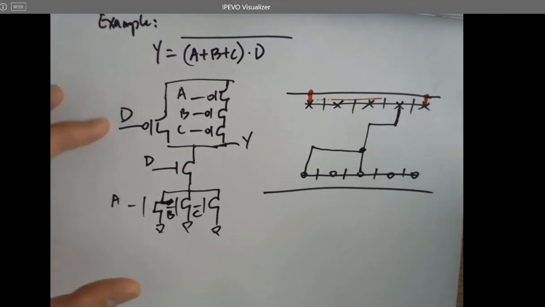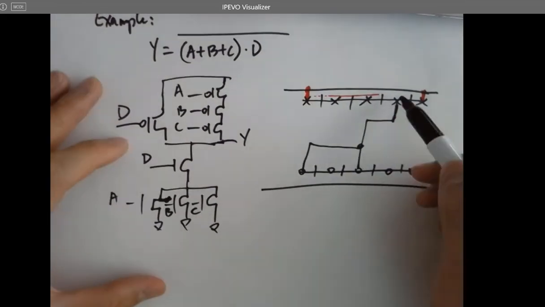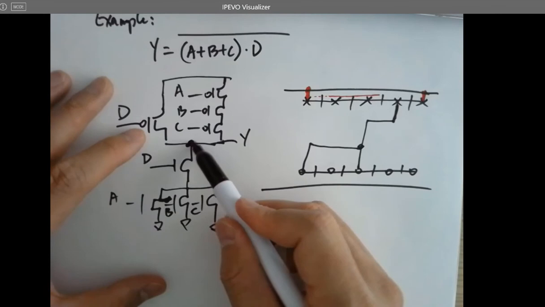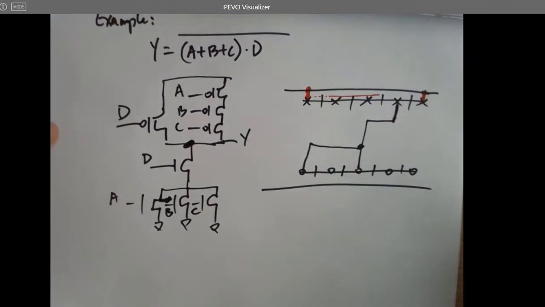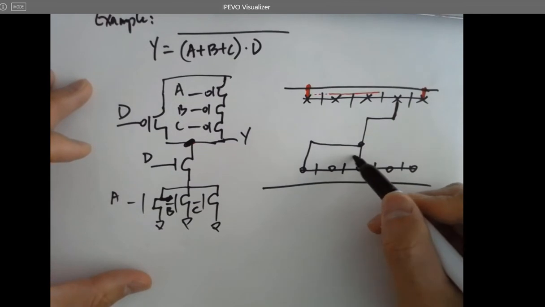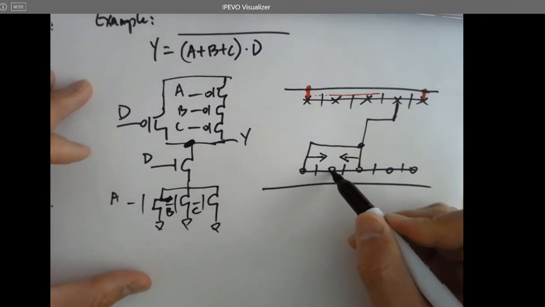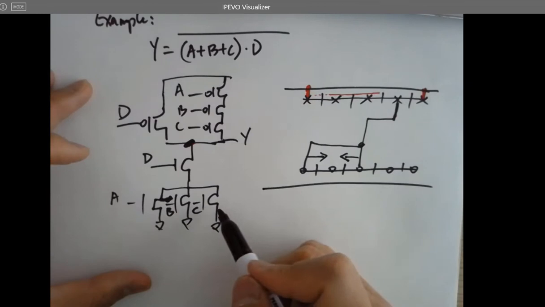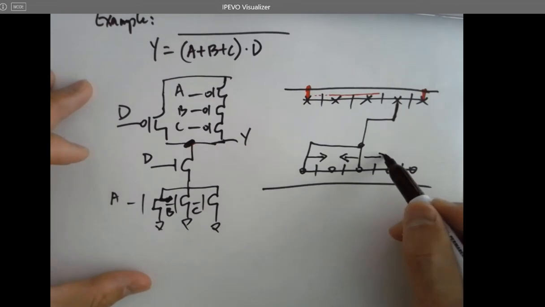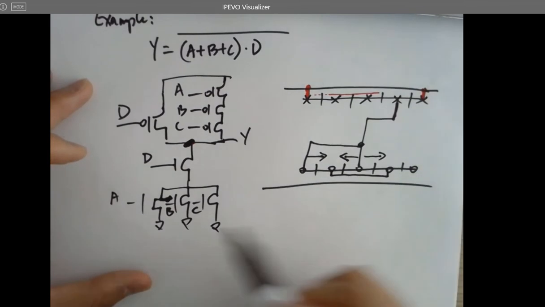Then what? So this signal comes down to the NMOS. The signal is going to run through this NMOS first, and this NMOS are merged here because I have 3 NMOSes in parallel. So it's going to run through this NMOS as well, and I want to merge these 2 nodes. So I got this.